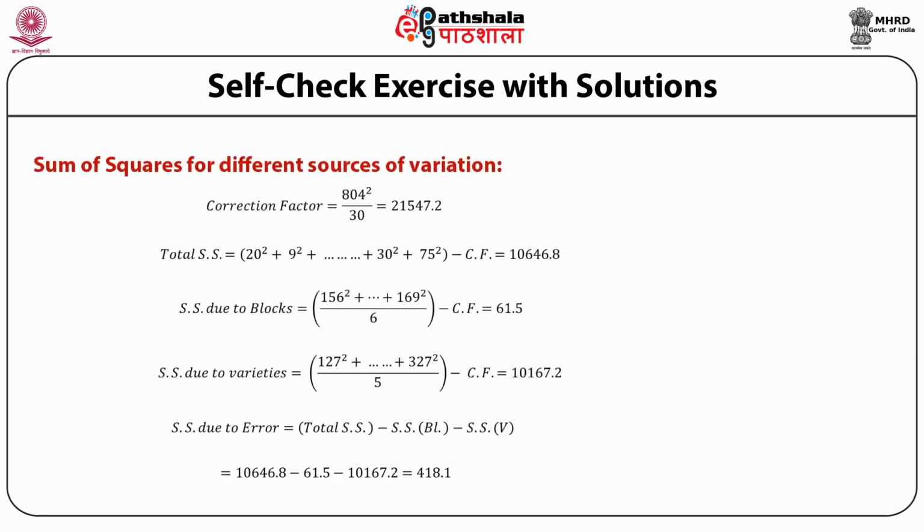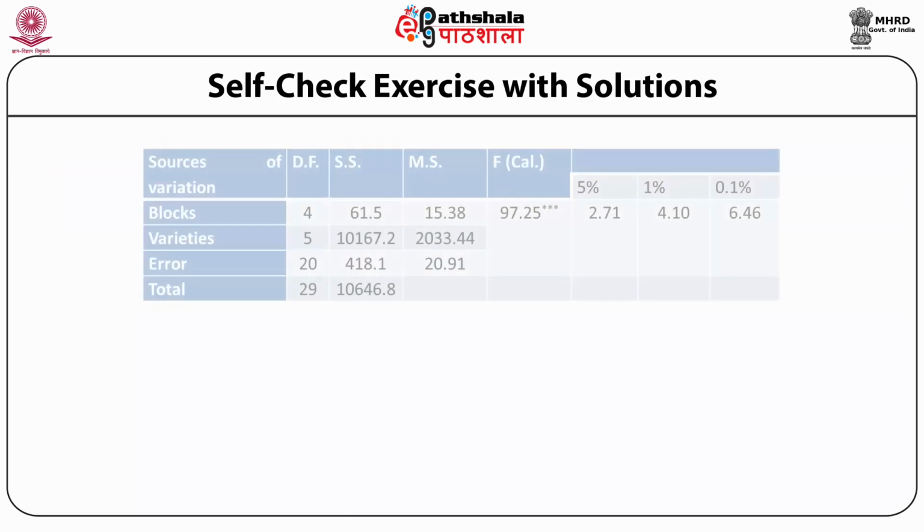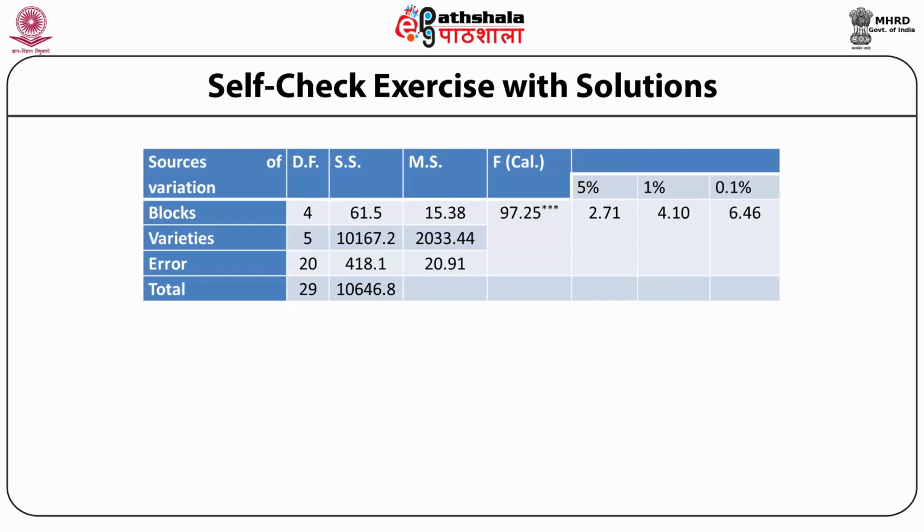And you can see here the table where the correction factor is 2154.72 and variation due to blocks is 61.5 and due to varieties it is 10167.2. Error we have found out the manual way of calculating, and here we have a table with different significance values.